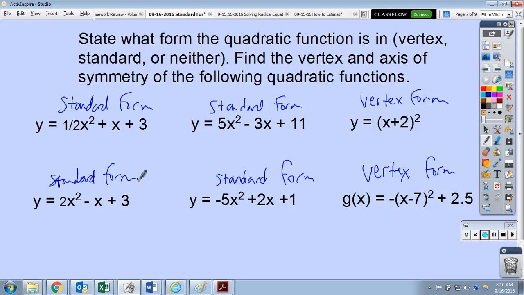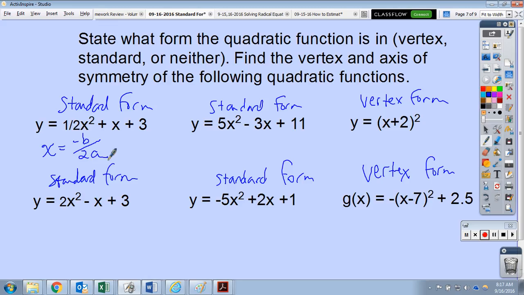But right now I want to focus on the axis of symmetry, which is the x-coordinate of your vertex. There's a formula that I believe I mentioned in the previous class, for standard form, that gives you that. I'm going to start to write it and see if you say it as soon as you think you know what it is. It's x equals negative b over 2a. Does that sound familiar? No?